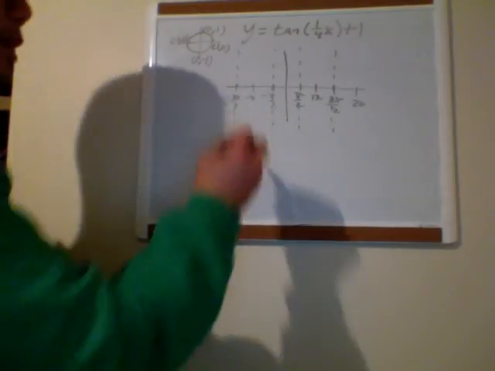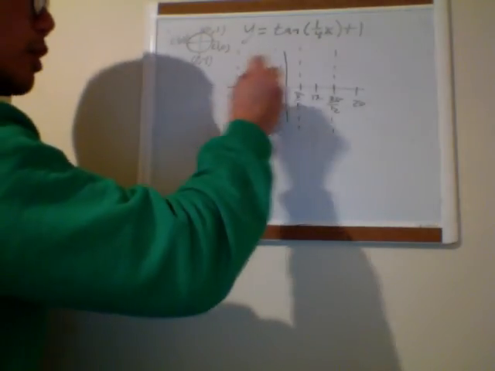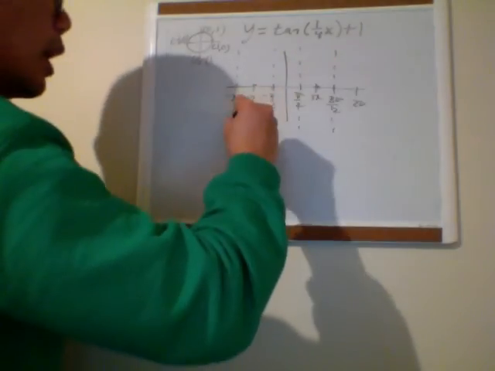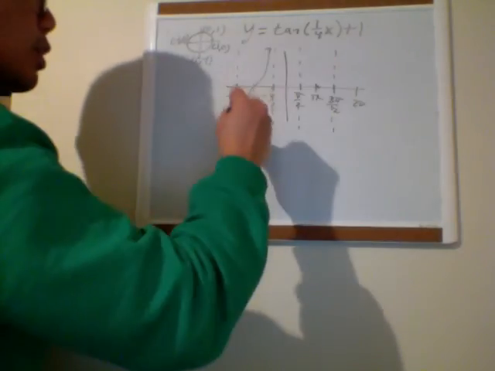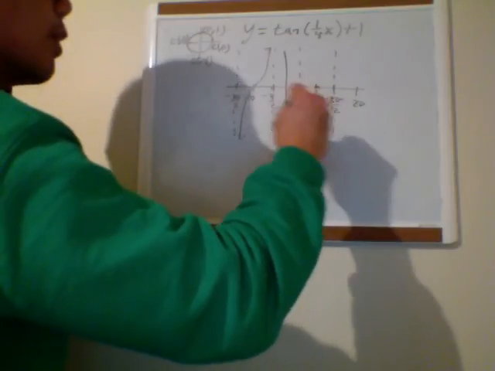And remember that tangent goes through these zeros, and this is the regular tangent graph. Right?